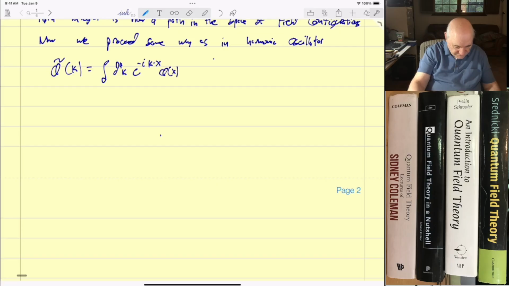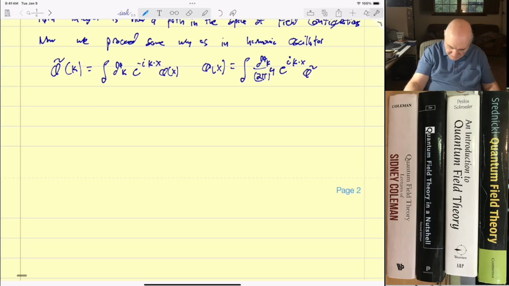V of x, and the inverse transformation, V of x, is equal to the integral of d^4k over (2 pi)^4 e^{ik·x} V tilde of k.